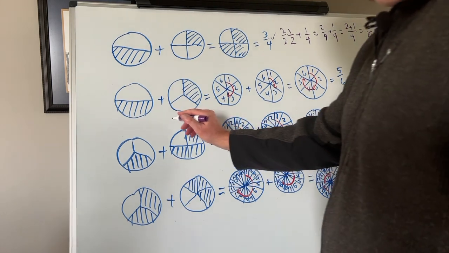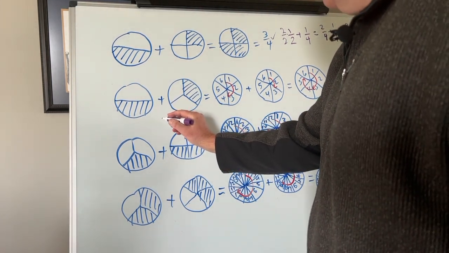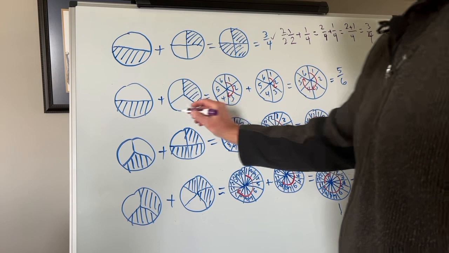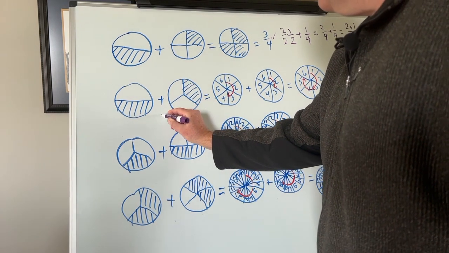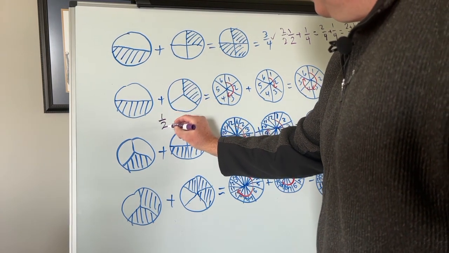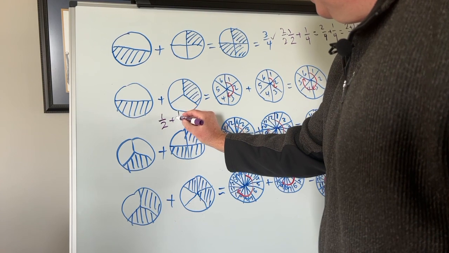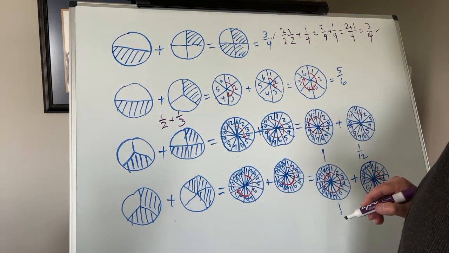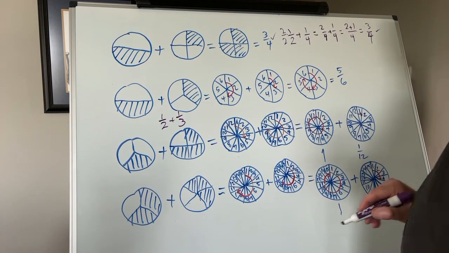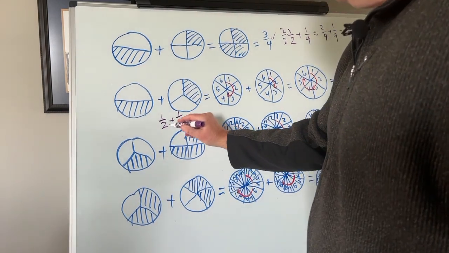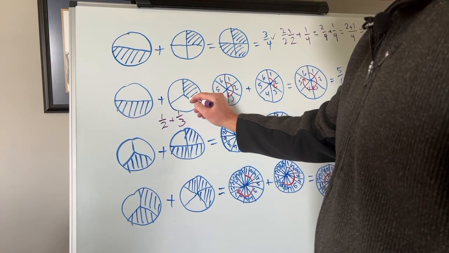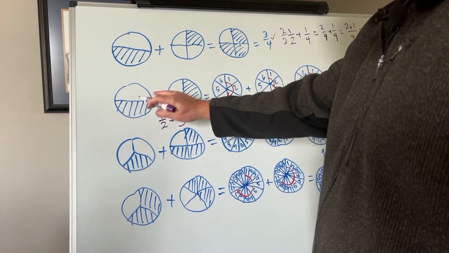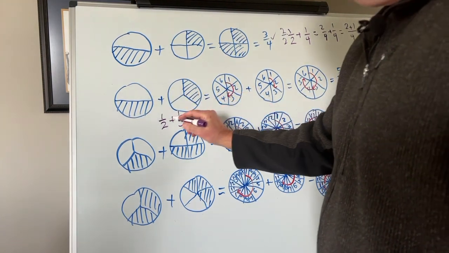So this one is 1/2 plus 1/3. And now, again, we're going to do the common denominator, which is the common proportion above in here.